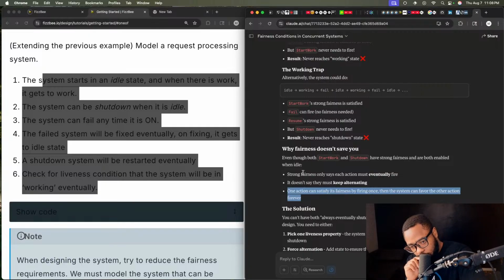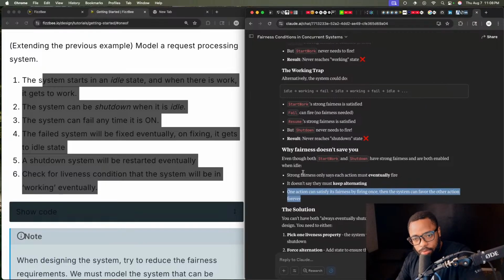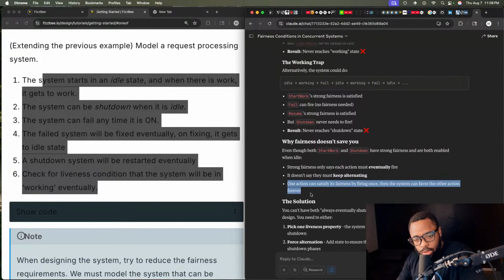to my question, which is, why was the system not forced to fire both? But yeah, it just needs one of them because they have the same predicate.